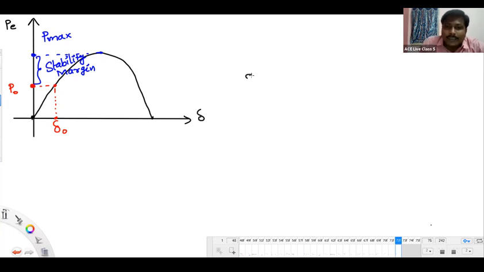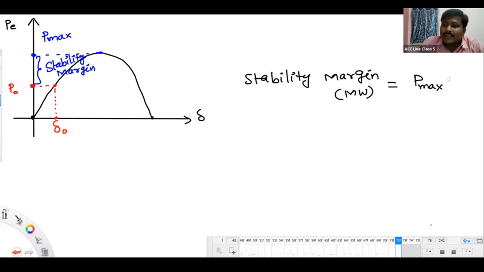So if you want to give that stability margin in megawatt, it is the maximum power transfer capacity minus the present power flow. But if you want to give this in percentage form, divide that by P max.